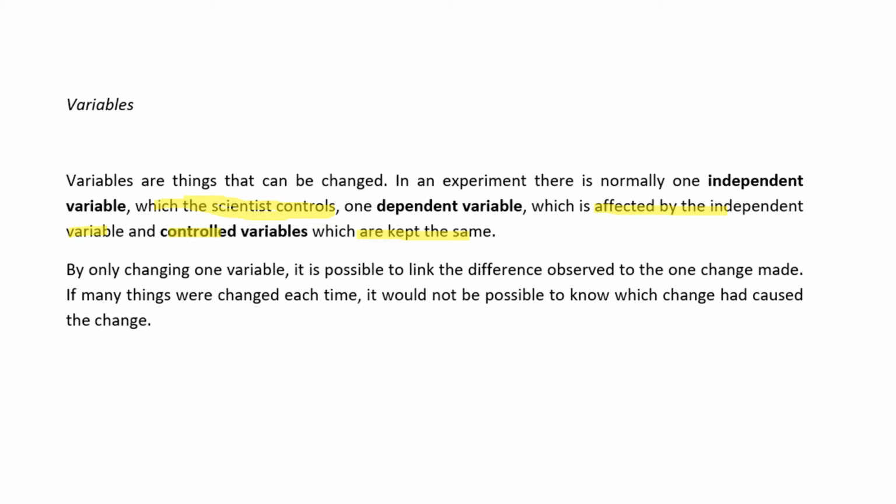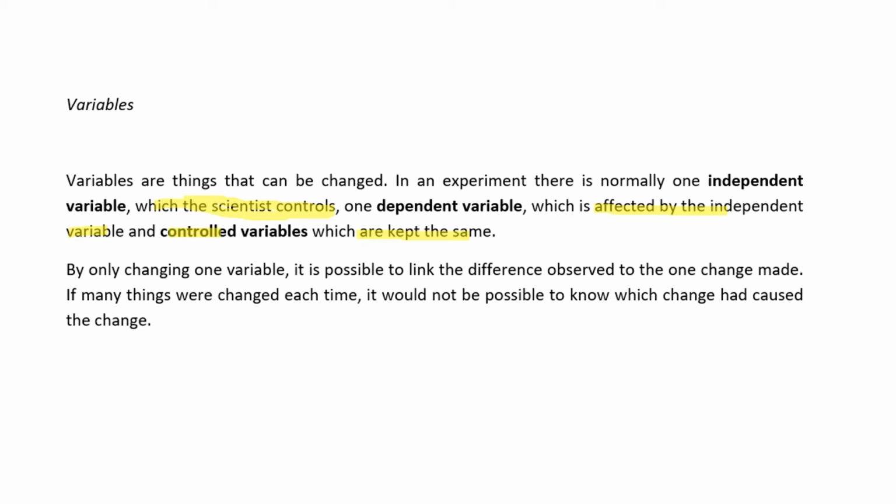But if you grow two types of plant, one that has no water, one that has a lot of water, or three types, one that has no water, one that has a little water, one that has a lot of water, and then you measure the amount of growth, well, the amount of growth is going to be the dependent variable, and that must be linked to the amount of water that the plant's got, if that is the only thing that is different.